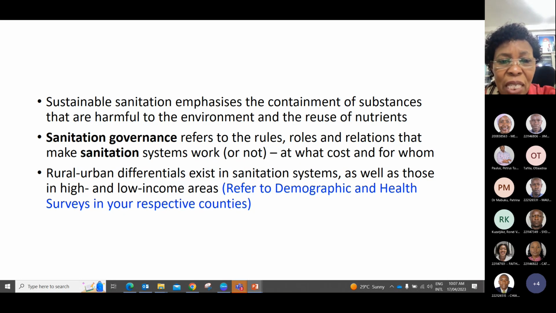You find in most cases in rural areas, sanitation systems are inadequate as compared to urban areas. But also those who are in the categories of high income and live in high income areas, their sanitation systems are also different to that of low income areas.